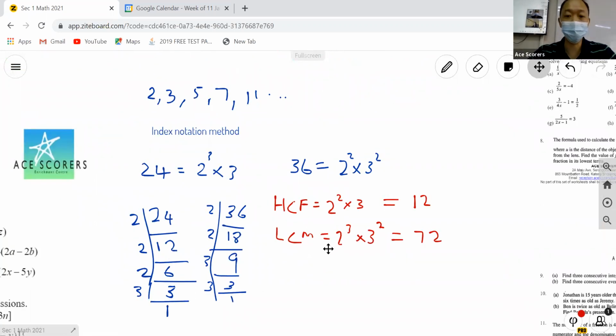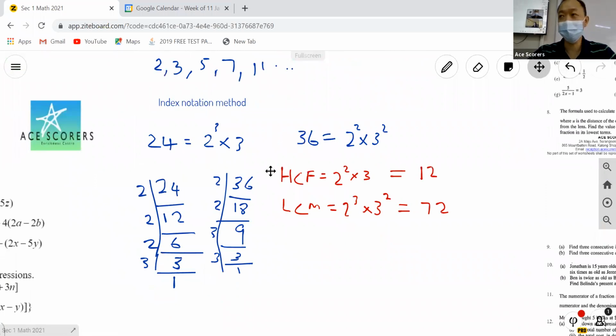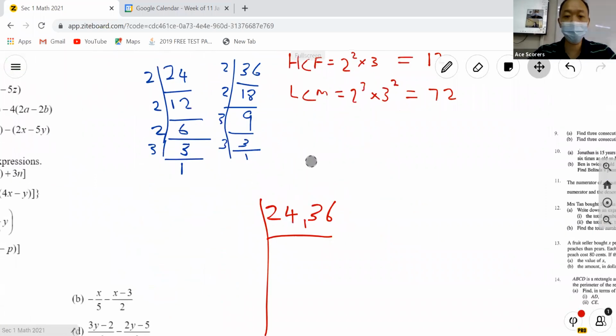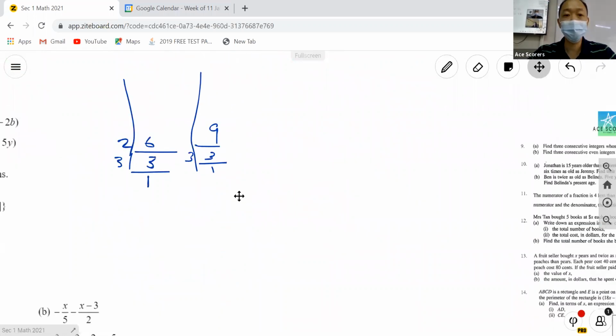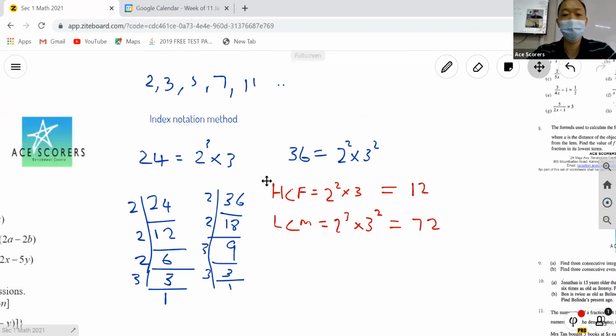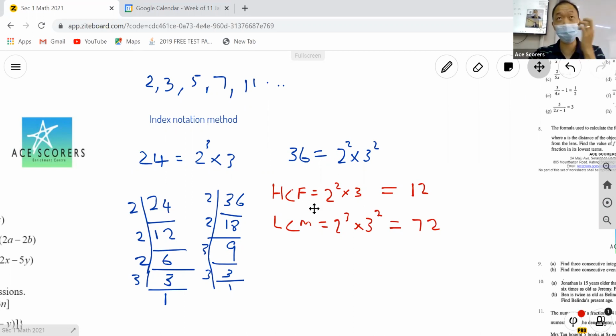It's a bit confusing when you have two different methods to solve a single thing, so I will just focus on the index notation method for finding the HCF and LCM. Jess, are you doing this in school? Any questions with this?